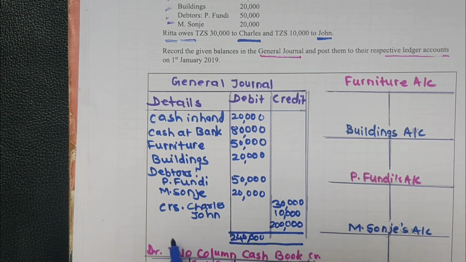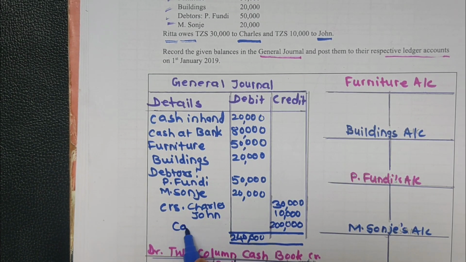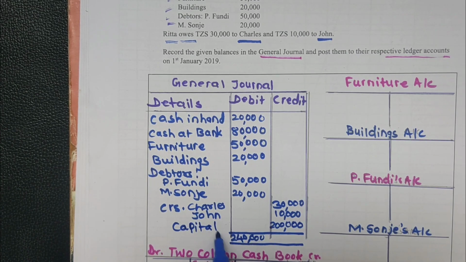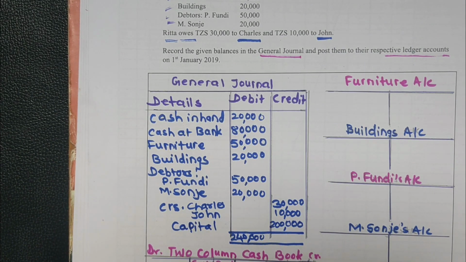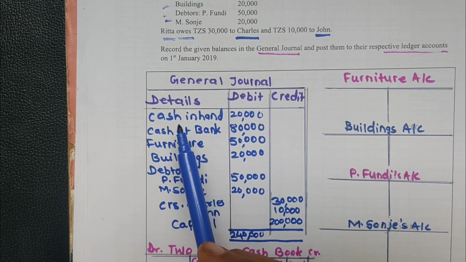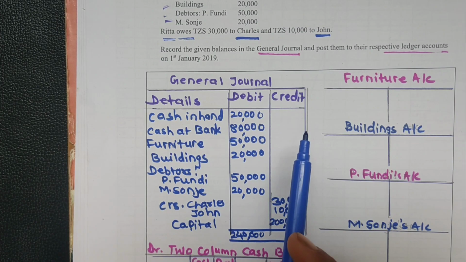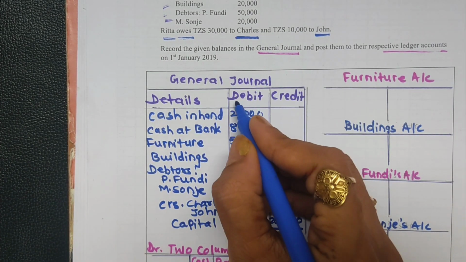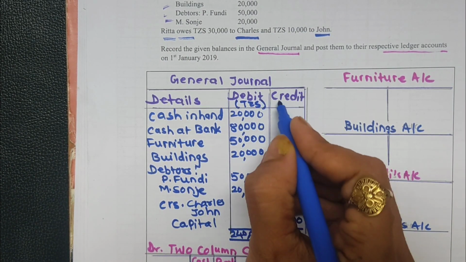So this balance is capital. In this way our general journal as on 1st January 2019 is ready, with details or particulars, debit and credit, in Tanzanian shillings.